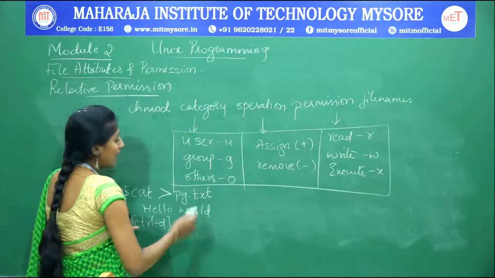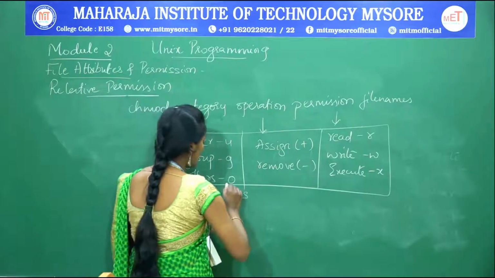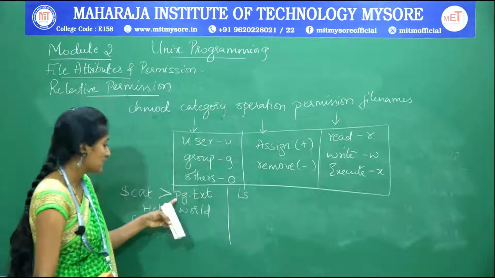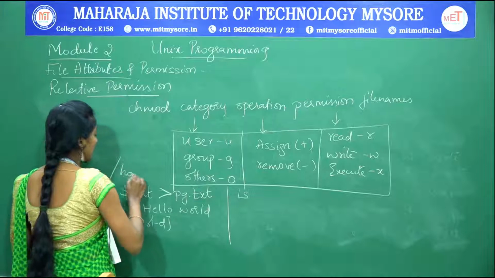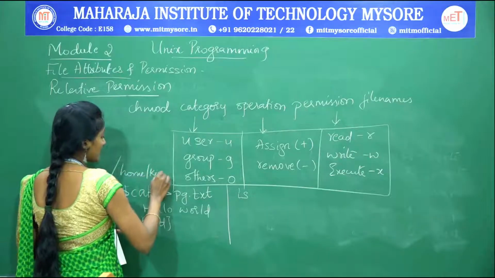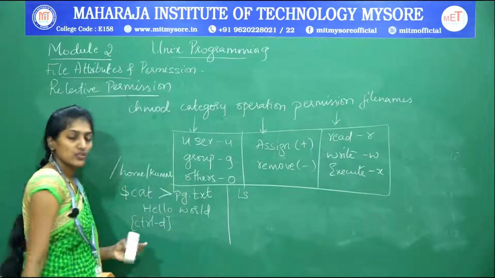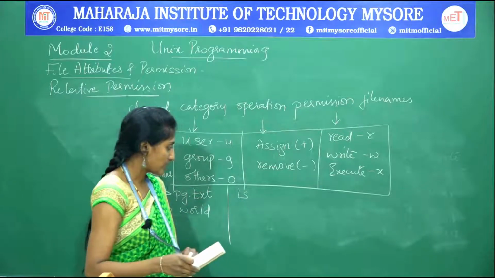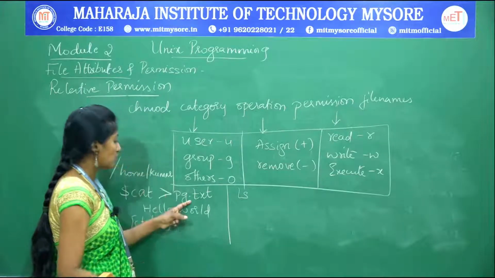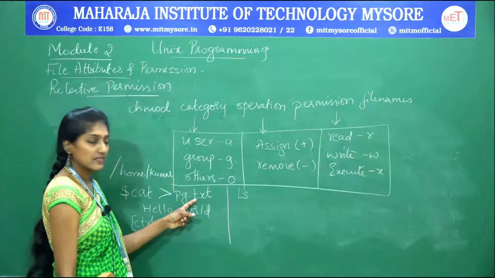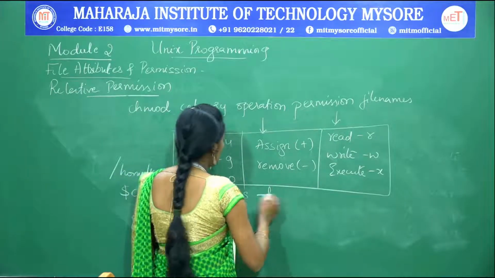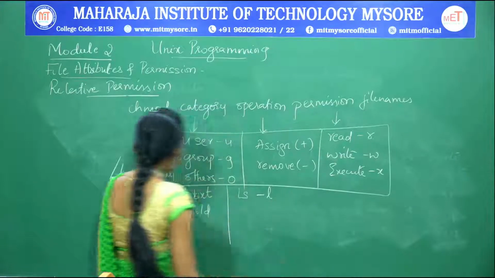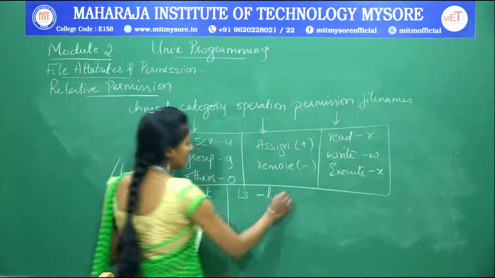Now I want to check the permission of this pg.txt file. Assume that you are under the directory home/Kumar, and under this Kumar directory the pg.txt file has been created.